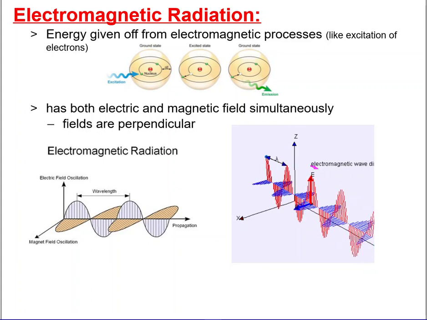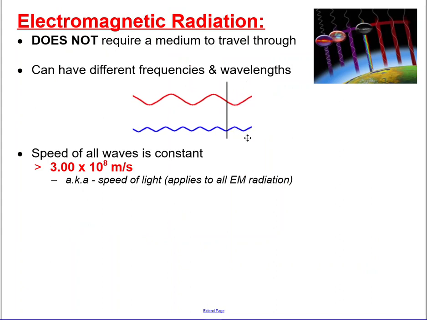Okay, so what else is different about electromagnetic radiation? Well, the biggest thing is electromagnetic radiation does not require a medium to travel through. So up until now, our mechanical waves have required a medium, whether that be sound through the air or a wave through the water, whatever. Mechanical waves have to go through something.